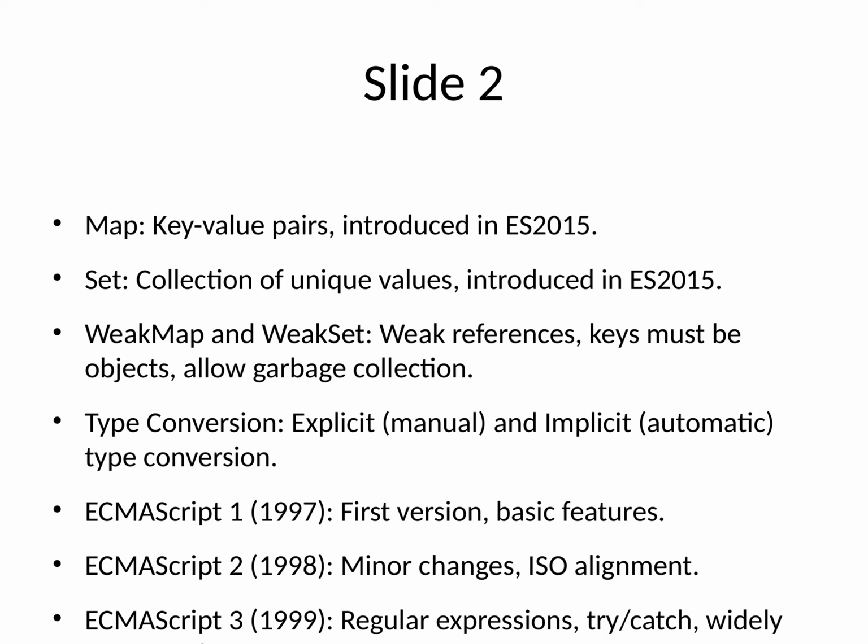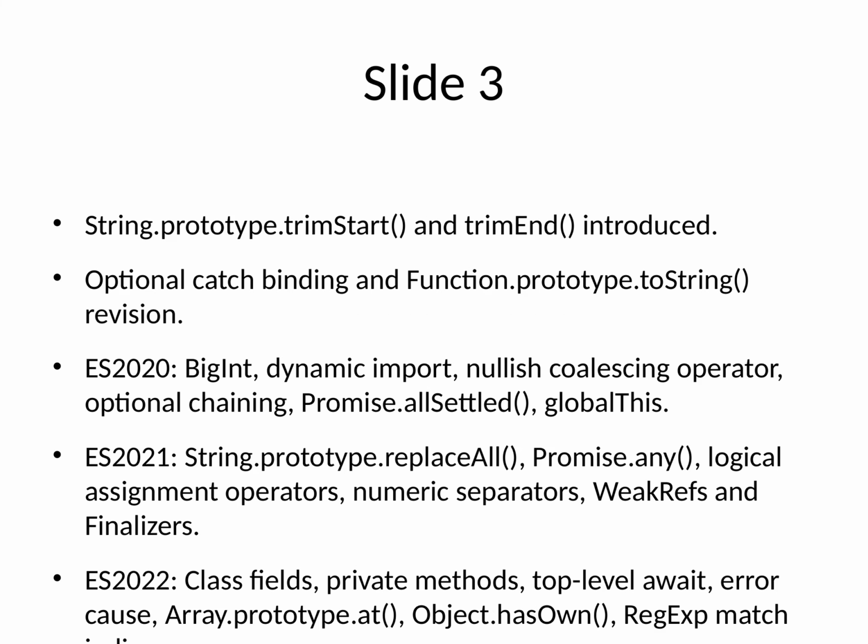Subsequent updates brought incremental improvements. ECMAScript 2016 added Array.prototype.includes and the exponentiation operator. ECMAScript 2017 introduced async/await functions, Object.entries, Object.values, string padding methods, and trailing commas in function parameter lists.